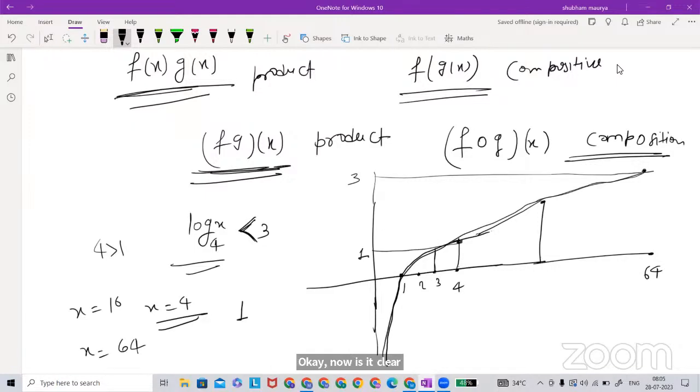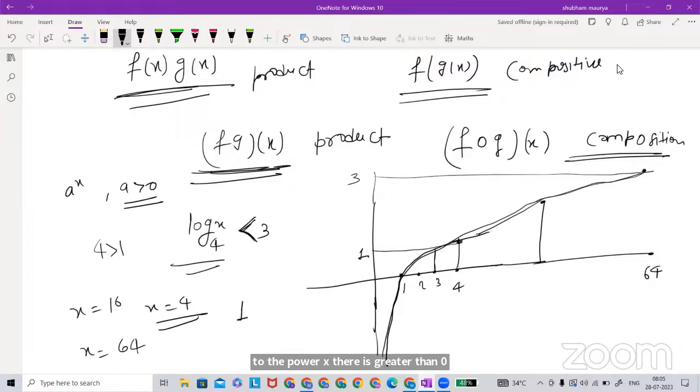Yes, sir. Sir, why can't log x to the base 4 take a negative value, like -1, -2? The reason is the definition of the exponential function: a to the power x, where a is greater than 0.